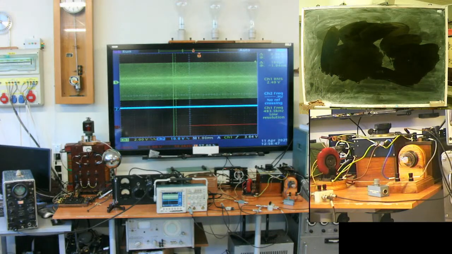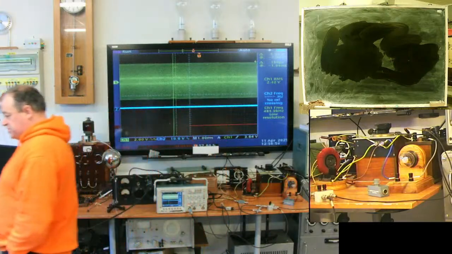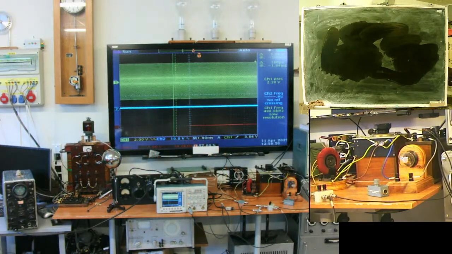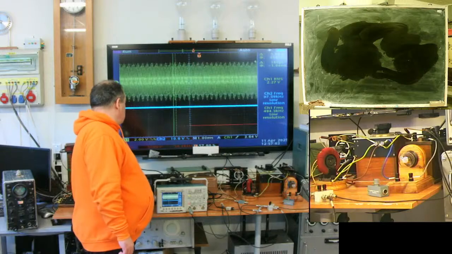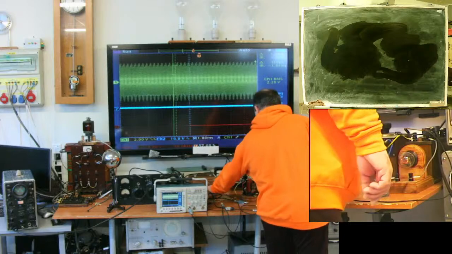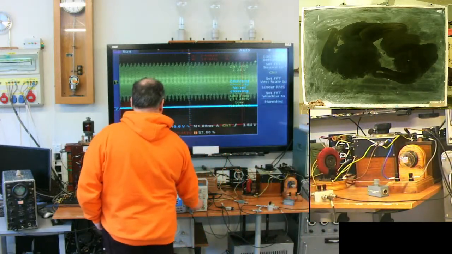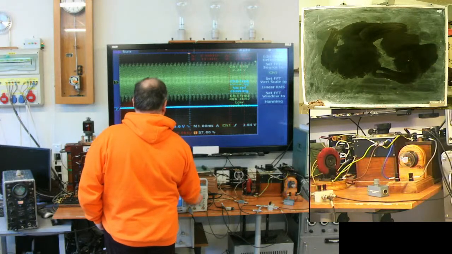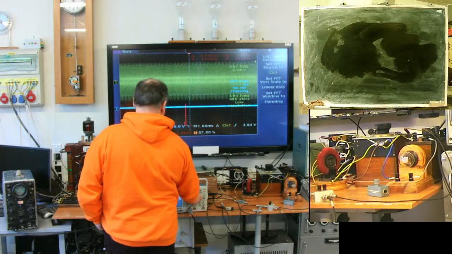And here is an interesting moment. The Fourier transform of such a signal yields an interesting picture. One second. Where is my Fourier? Oh, here it is.